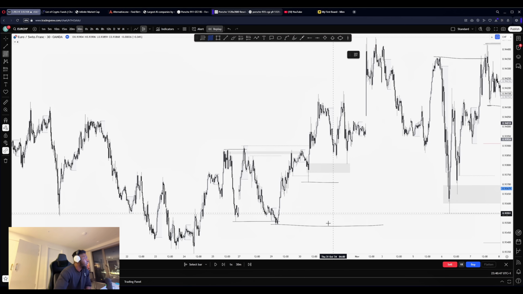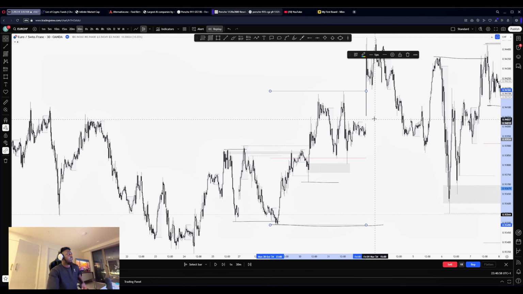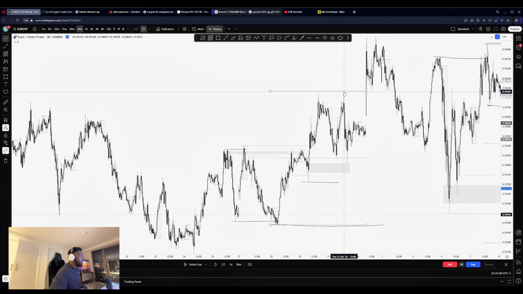So basically, I throw my Fibonacci from the last protected low to the swing high to get the 50% or get the premium and discount zone. But in this scenario, we are buying, so this is a discount zone, and the trade was tapped into around 3:30 New York session.